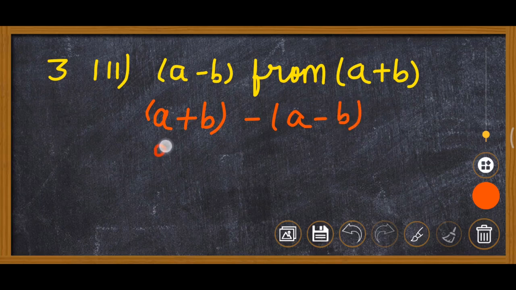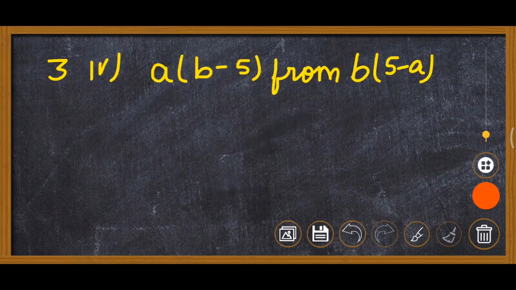Now we will open the brackets: a plus b minus a plus b, because whenever a negative sign is outside the bracket, we have to change the signs of the variables. Now we have to reduce: a minus a, one is positive, other is negative, then b plus b is 2b.